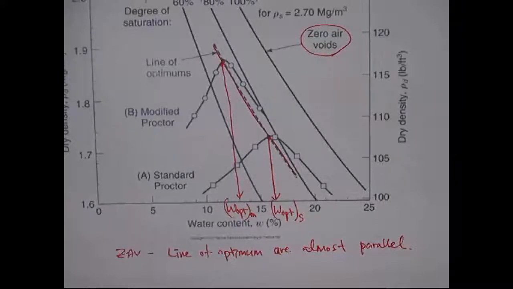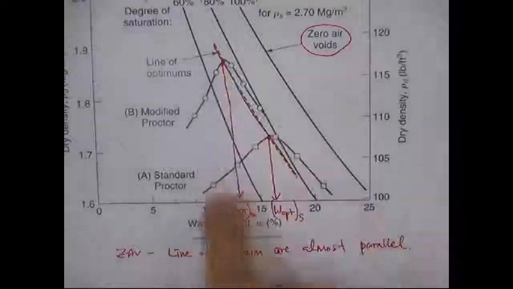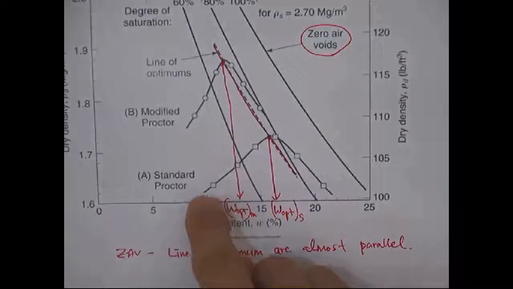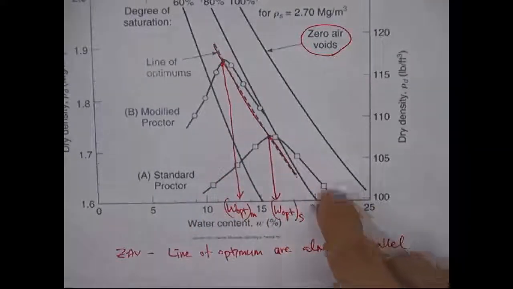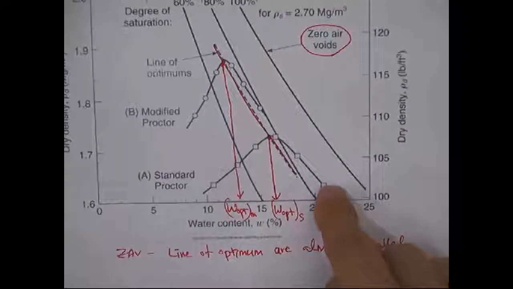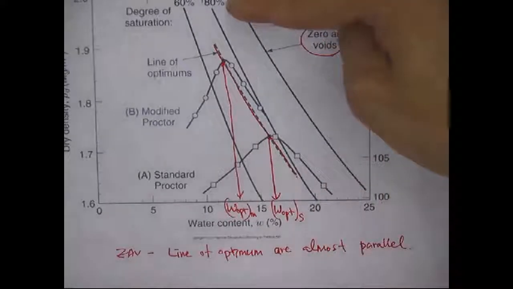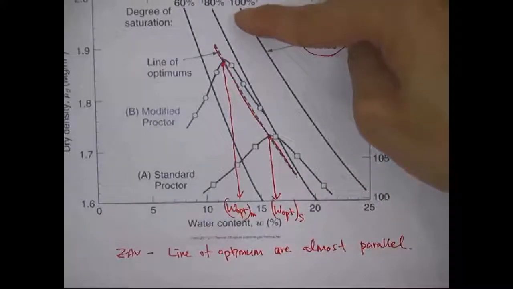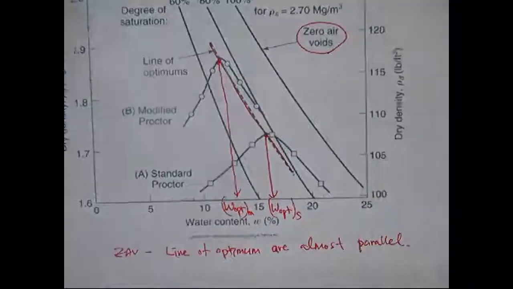I think in the lab you didn't do the modified Proctor test, but still you can get the compaction curve from the standard Proctor test, the lower curve like this, and you can draw the ZAV curve for the degree of saturation of 100%, 80%, and 60%.